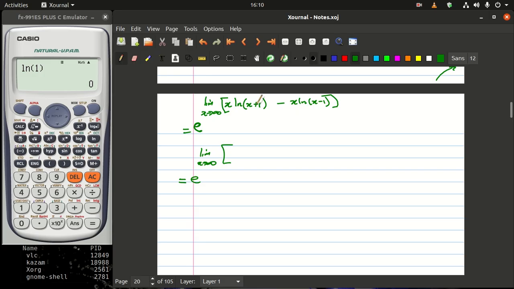When we factorize, we will end up having x, then ln of x plus 1, and then inside what will remain is this divided by that, which is just a 1, minus x, then ln of x minus 1, divided by x times ln of x plus 1, and this is what is going to remain here.